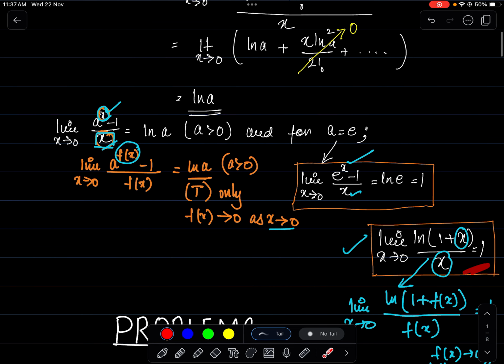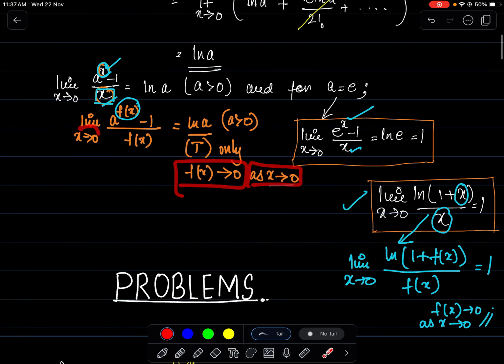Also we made sure that this x can be any function, but keep in mind that it should go to 0 when x tends to 0. Basically whatever limit you have, it's not just x tends to 0.